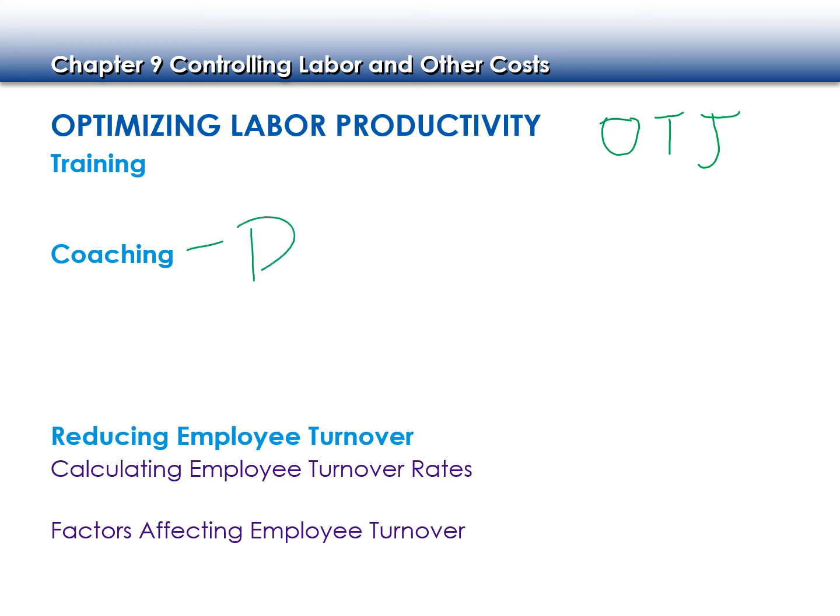Coaching is where I've used the example quite a bit where I used to forget at TGI Fridays how to ask people for their meat temperature, how they wanted their steaks cooked. Because I kept forgetting to do that, my manager pulled me aside and she coached me to say, what can we do to help you not forget these particular items?